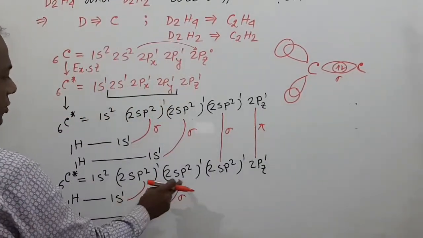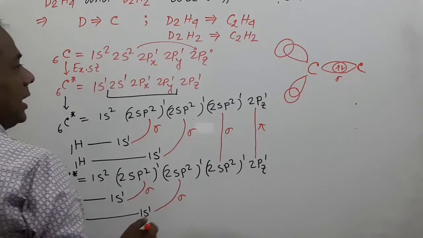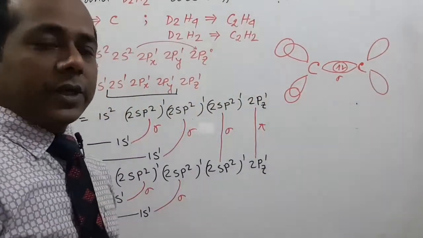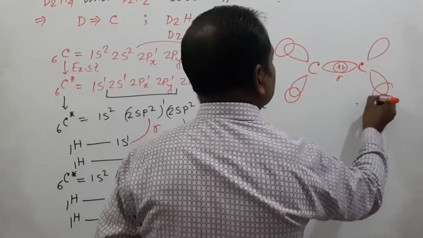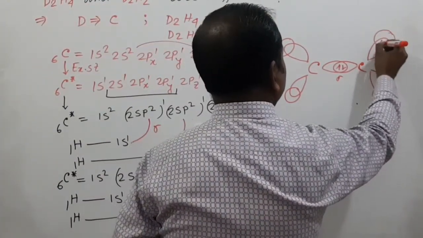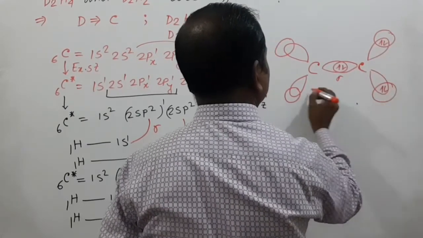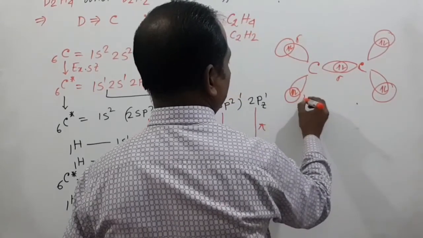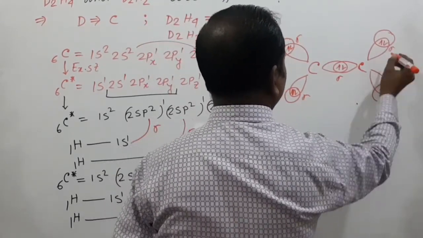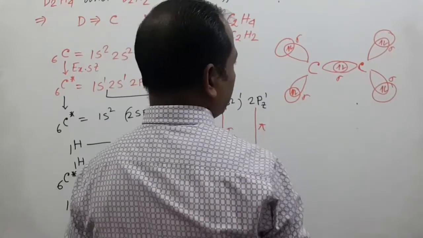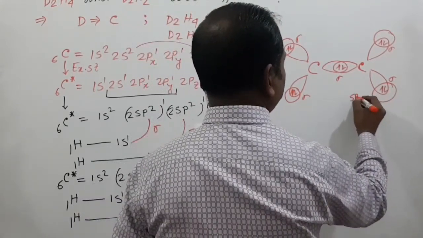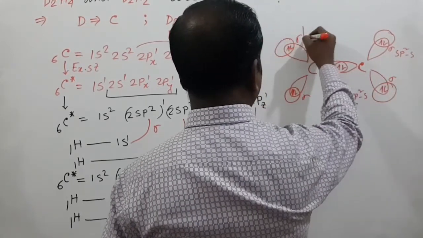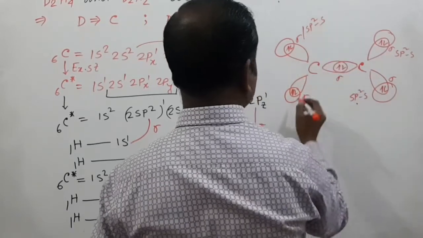Each of these bonds is sigma. We can also name these sp2-s bonds.